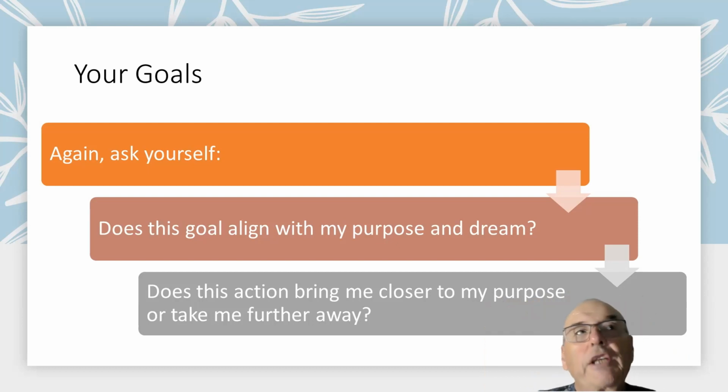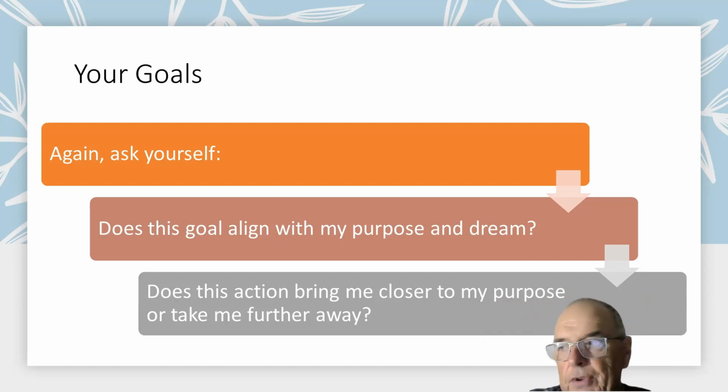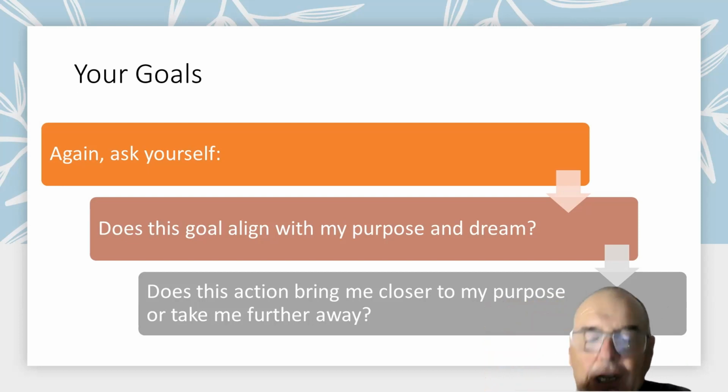So maybe you're going to get a second-hand car so that you free up more resources to pursue your purpose. You're keeping in mind that your actions are congruent with your purpose and your dream. So here's that matching again. Does it fit? Does it match? Do they align?